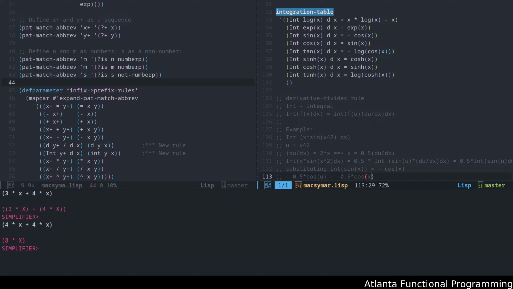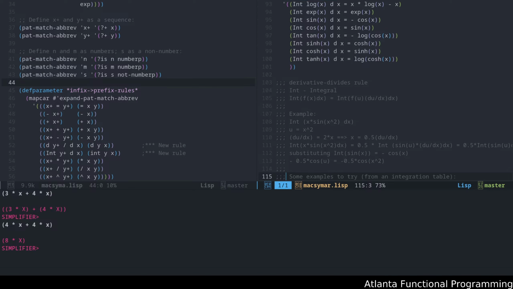So this is the derivative divides rule in a nutshell, right? Because it's all a series of substitutions.